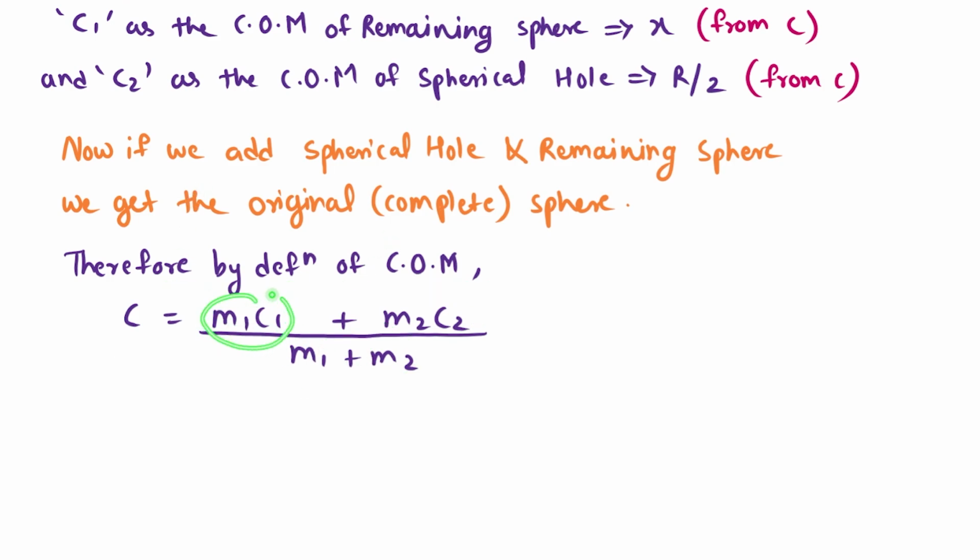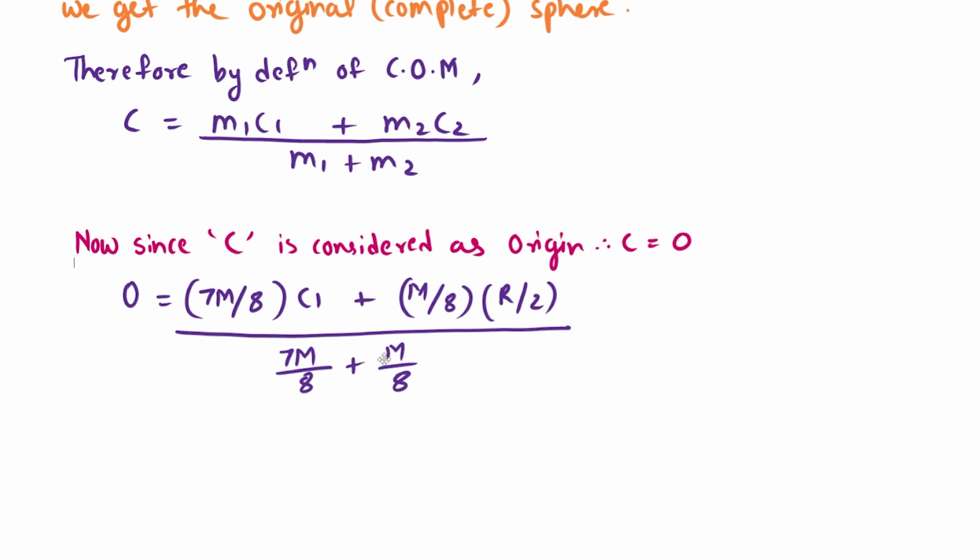So this is the moment of mass for the remaining sphere, Rs, and this is the moment of mass for the spherical hole, Sh, and this is the mass of the complete system. And things get pretty easy because, since we have made all the measurements considering C as the origin, the location of the center of mass of the original sphere from C should be 0.